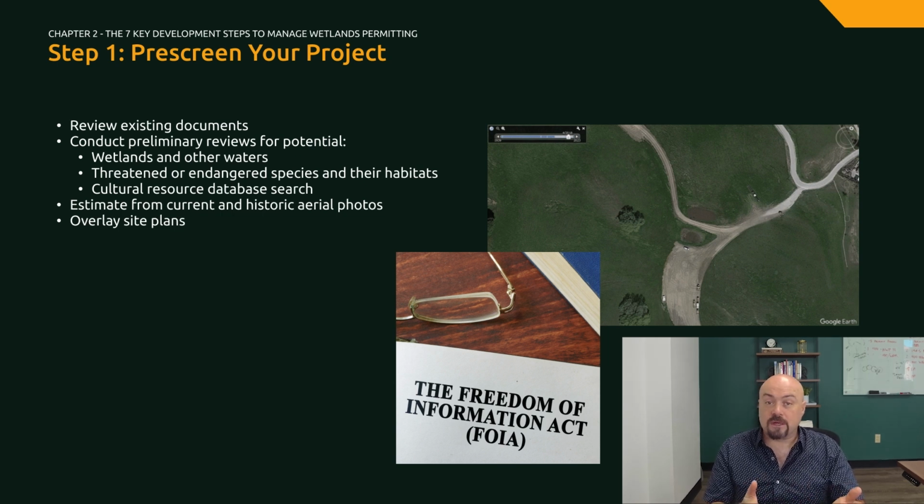Or, if you are experienced enough, conduct government database searches yourself to determine whether there is a potential and where. Often, agencies require larger setbacks to protect habitat than wetlands or waters, so this could impact your development area. We'll cover this more later.